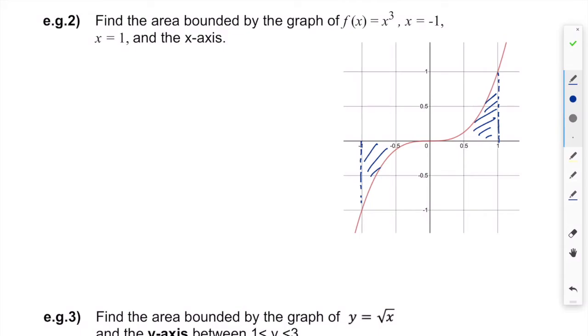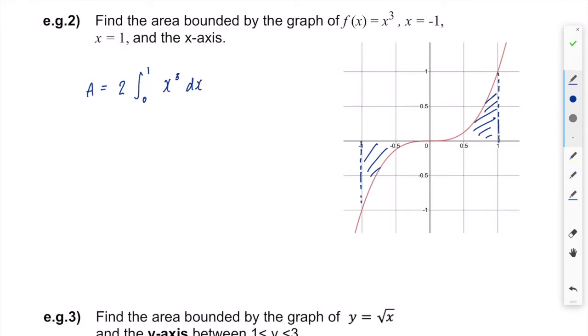Once again, symmetry comes in handy because I know the two areas are actually equal to each other. As a result, area can be twice the area from 0 to 1 of the graph x cubed dx.